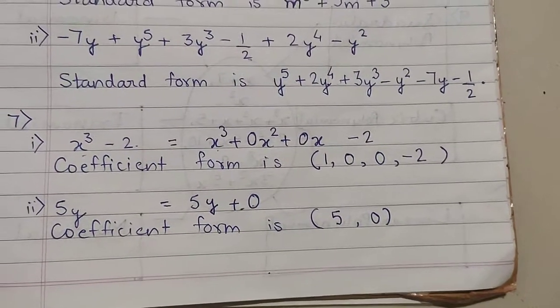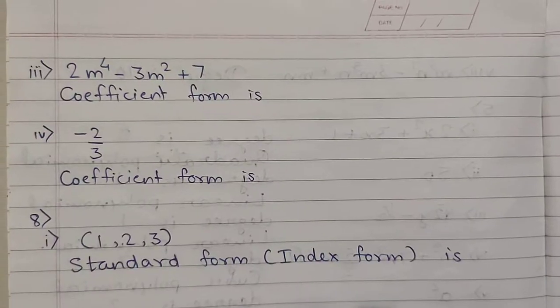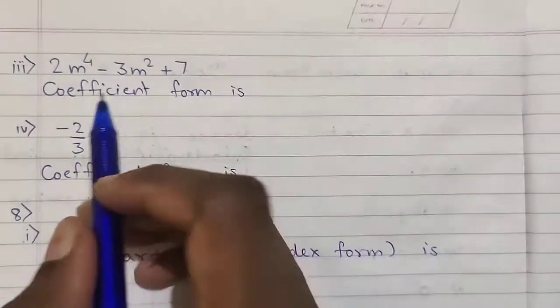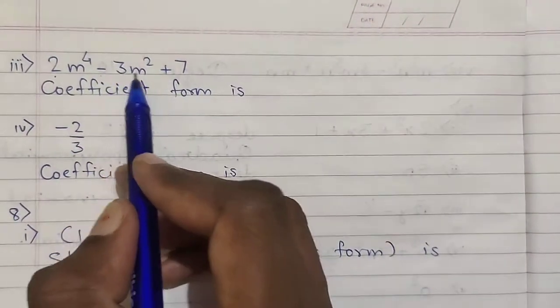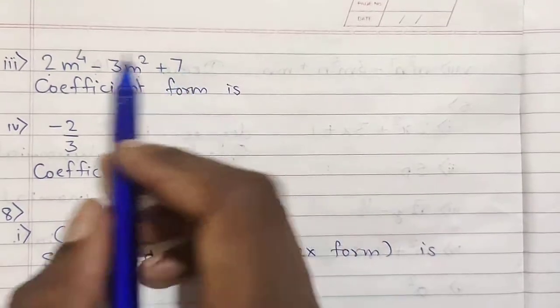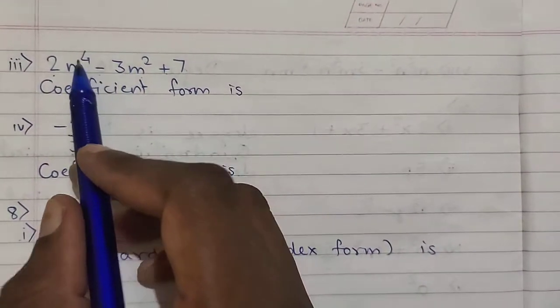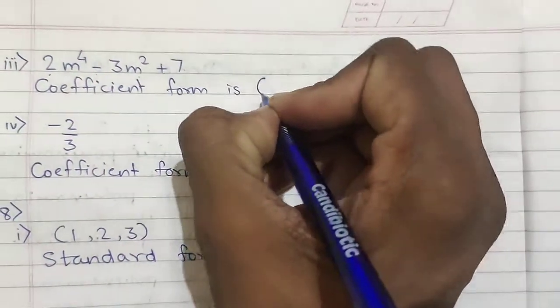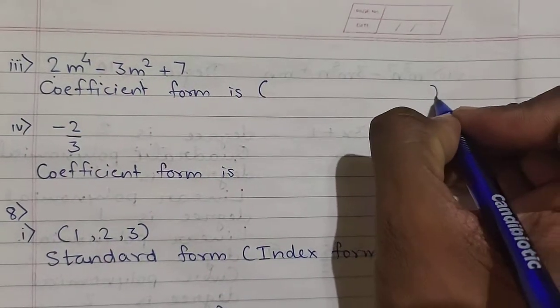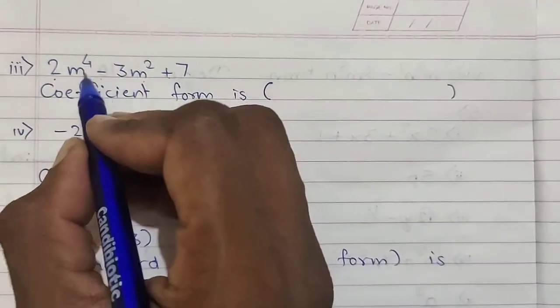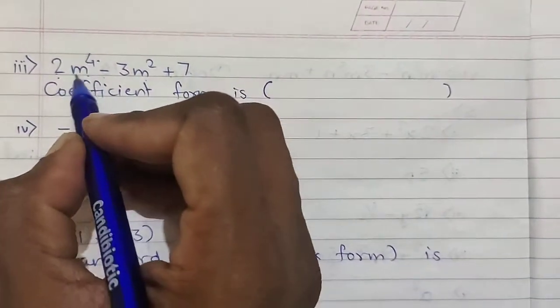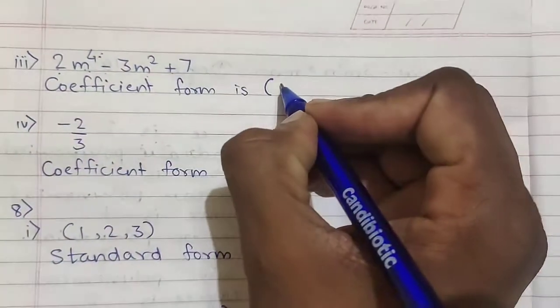Now let us solve the third one. Okay, see third one, 2m power 4 minus 3m power 2 plus 7. Now see, power is 4, that means your coefficients should be 5. Total 5 numbers you are going to write. Now see, power 4 is there and coefficient of power 4 is 2.